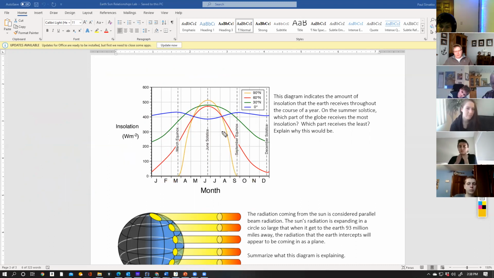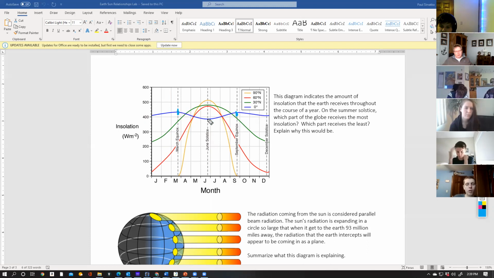So once you get to the equinox, there's no radiation coming in. What about this blue line? This one gets the most radiation in on those 2 days. So where must this be? Well, that must be the equator because that's when the sun's most direct.